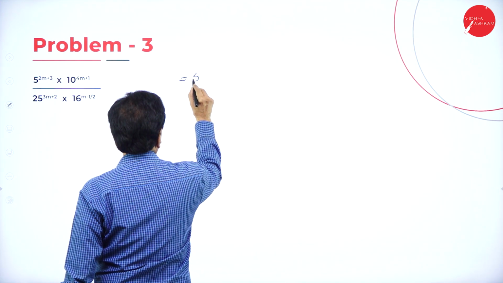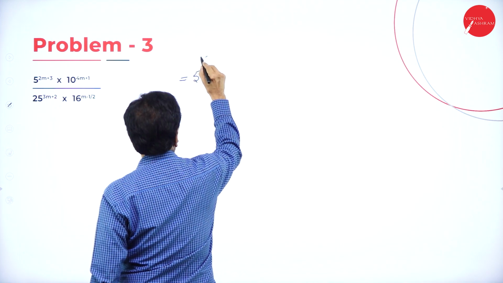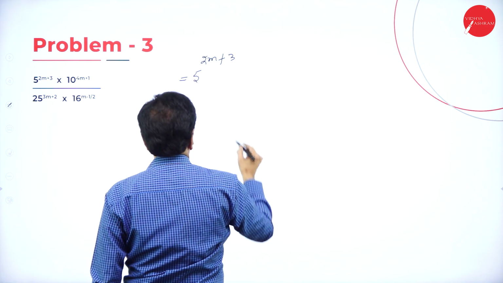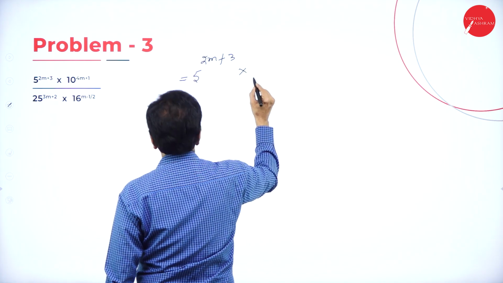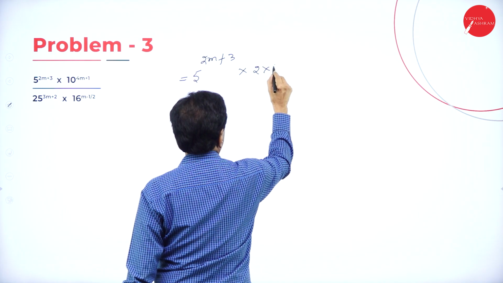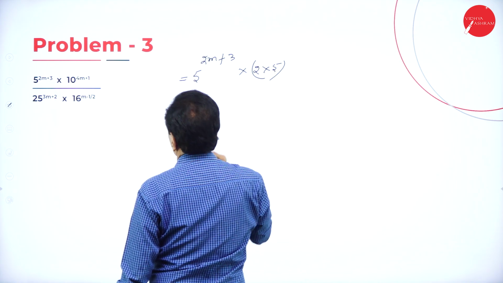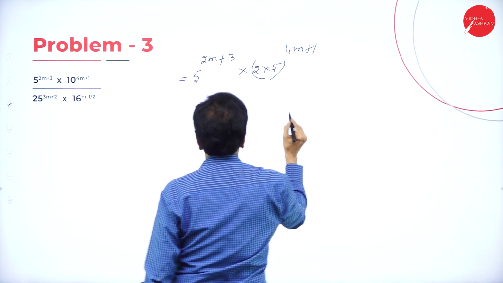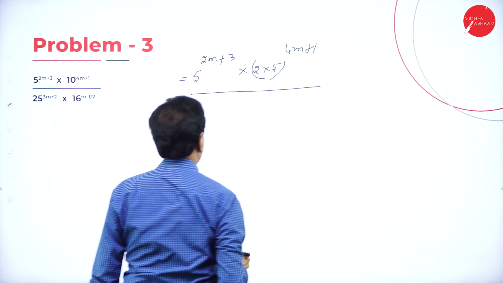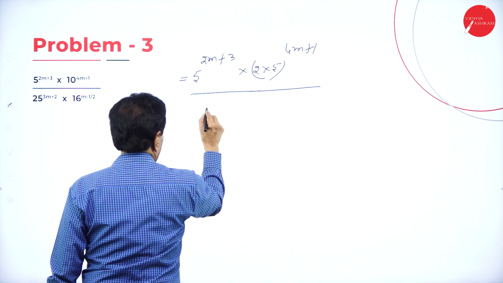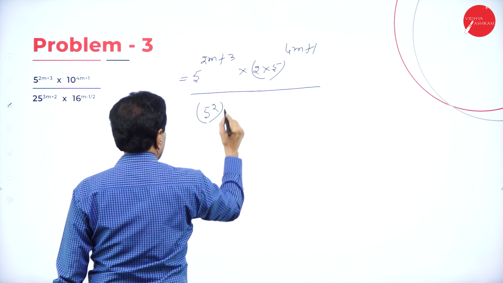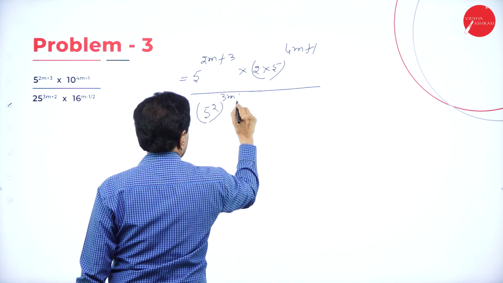5 to the power of 2m plus 3 into 2 into 5 to the power of 4m plus 1, whole divided by 5 square to the power of 3m plus 2.